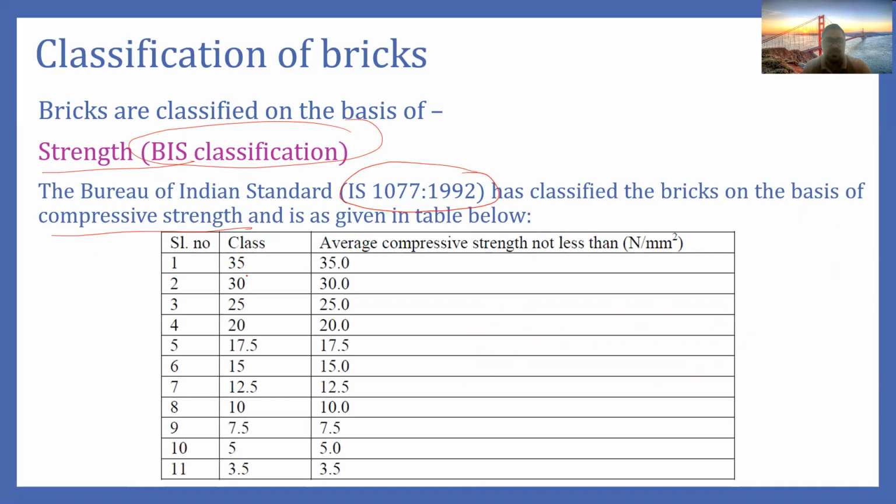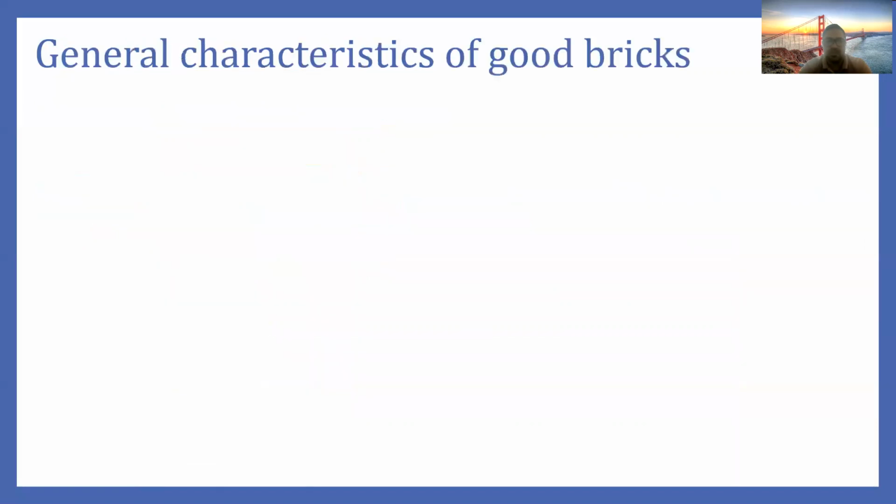So here you can see the bricks can be classified as class 35, 30, 25, 20, 17.5. Now, what is the meaning of 35? 35 is basically the average compressive strength. So if we are using class 35 brick, it means the minimum compressive strength of the brick will be 35 Newton per mm square. Similarly, for class 30, it will be 30 Newton per mm square. So this is how we can classify the bricks as per BIS.